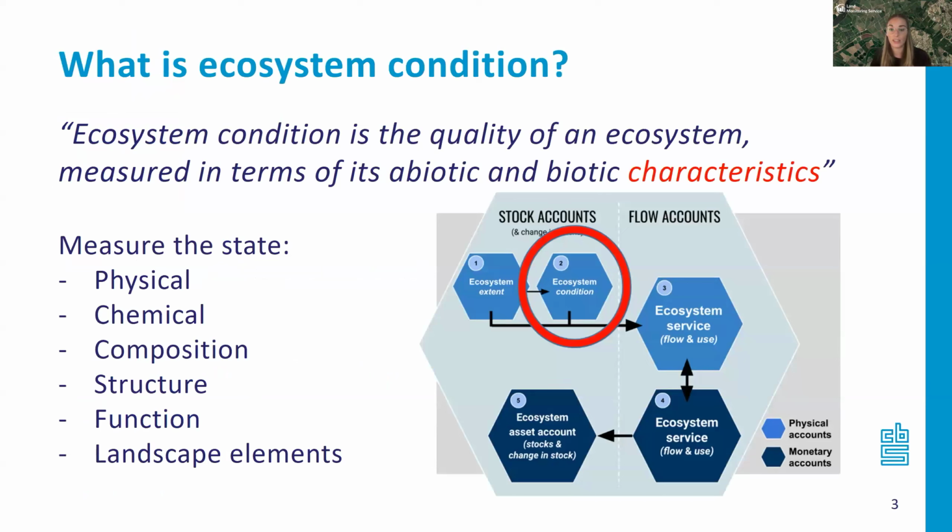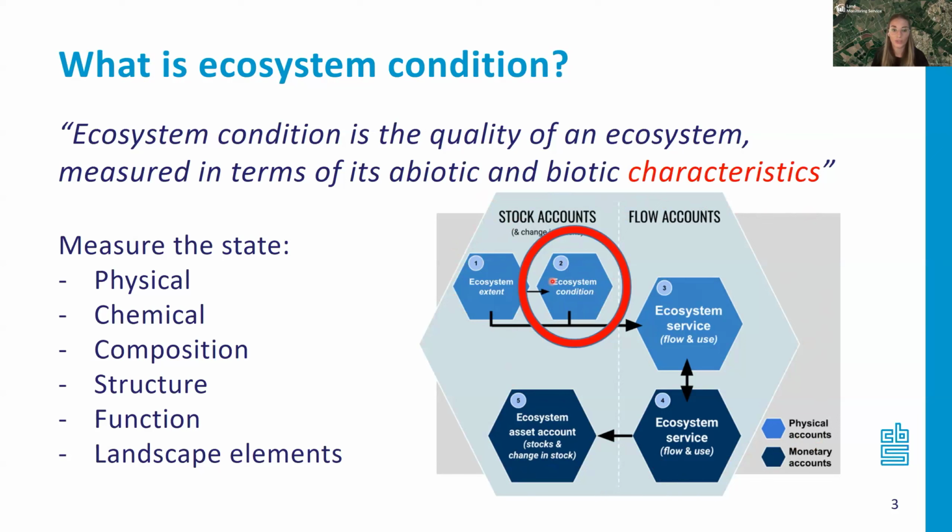So what exactly is ecosystem condition? Well, the SEEA, or the System of Environmental Economic Accounting, specifies it as the quality of an ecosystem measured in terms of its abiotic and biotic characteristics. Here on this right side, we can see how the ecosystem condition fits into the system of ecosystem accounting.